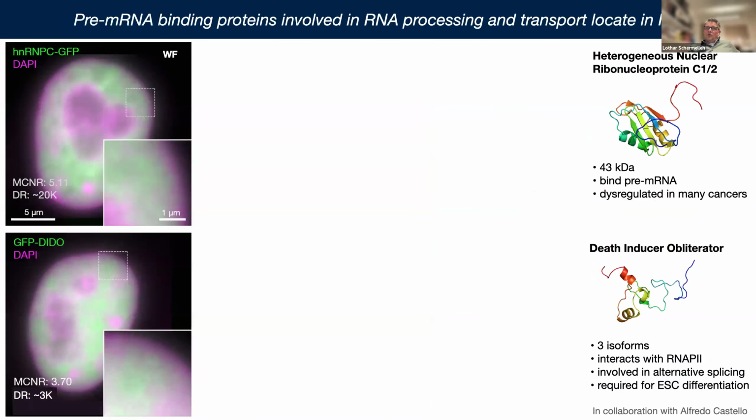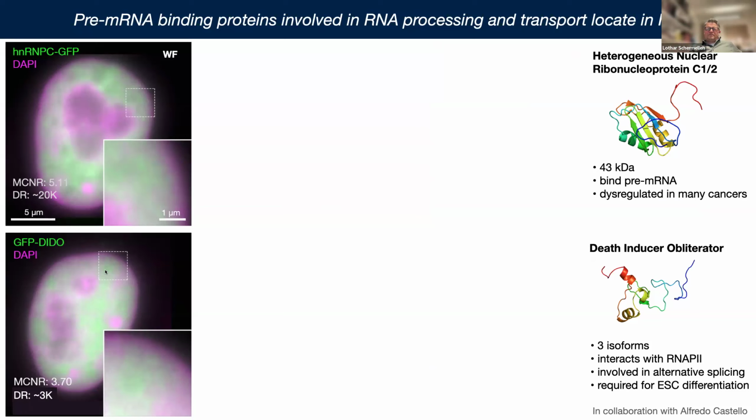Along with RNAs, of course, we have lots of RNA-binding proteins in the nucleus that are often characterized by intrinsically disordered regions. These are just two examples, hnRNP and a factor called DIDO, but this doesn't really matter.